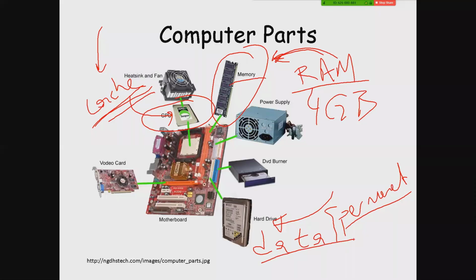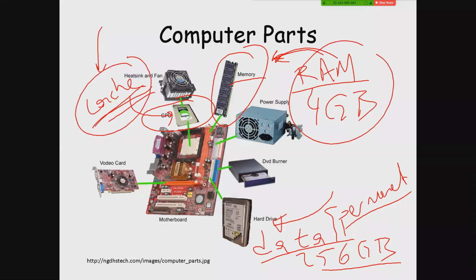Your hard drive is typically, say, 256 gigabytes, which is the average laptop hard drive capacity that you may have. Okay? And this ranges from, say, 128 gigabytes to 1 terabyte. RAM is fast, cache is much faster, and they're also more expensive.